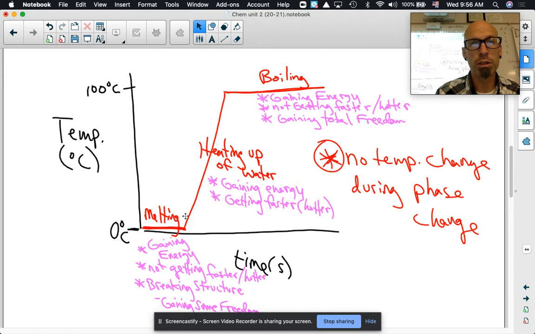The water's just still liquid the whole time, but getting hotter. So again, during phase changes, the temperature cannot change. All that's happening is they're gaining and losing energy to change their arrangement and how much freedom they have. I hope that makes sense.